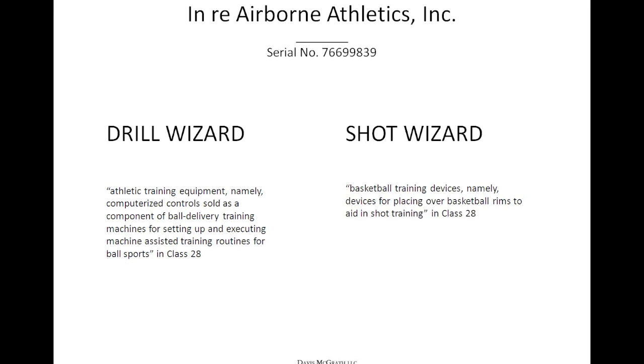And this decision had a lot to do with the goods and less to do with the marks. The athletic training equipment, this computerized controls, certainly were related. They certainly both could be used for basketball. The applicant's mark was sold as a component of a larger piece versus the registrant's mark, which was a mechanical device put over the rim.